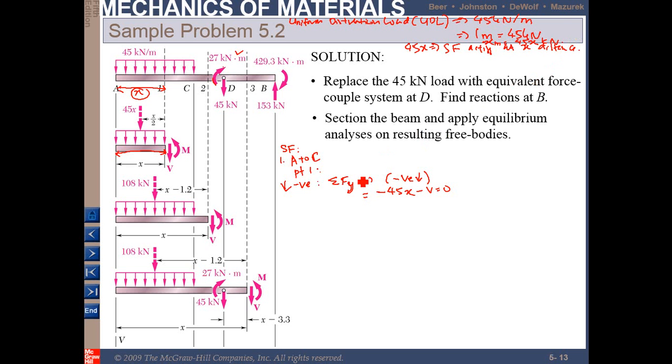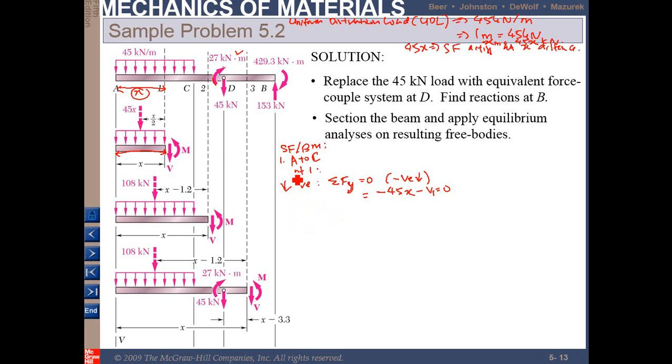So that's why you got 45x. So now you got one variable here, which is V1.